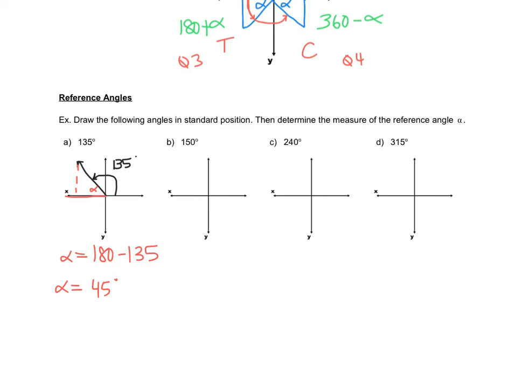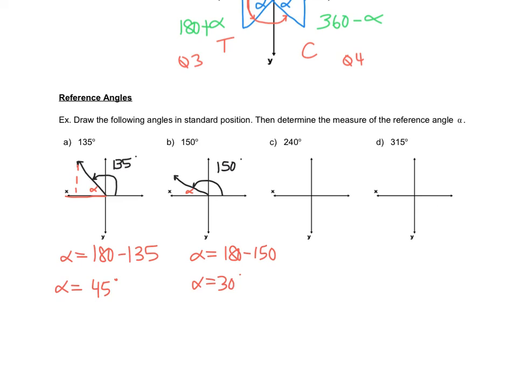Let's try 150. 150 again is going to be in quadrant 2, a little closer to 180. 150 is this angle here, and the related acute angle alpha is this little angle here. And again, I want to figure out that leftover angle that I'm going to add to 150 to get to 180. Maybe you already know it's 30 degrees, but you can also show it by doing 180 subtract 150 to get 30 degrees.